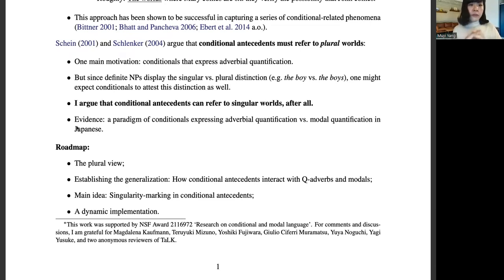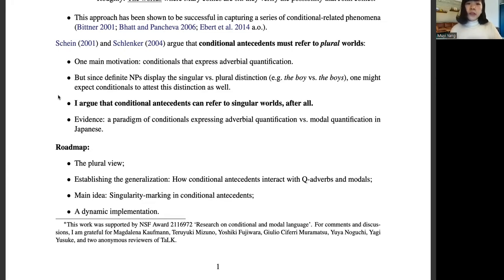However, definite noun phrases certainly display the distinction between singular and plural ones. For instance, of course, the singular, the boy, refers to exactly one boy, and the plural, the boys, would refer to multiple boys.